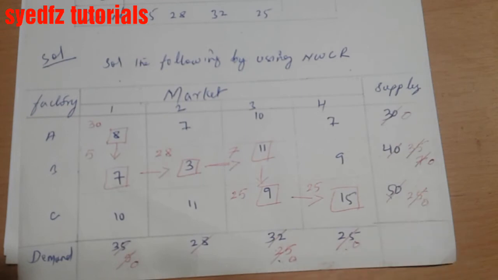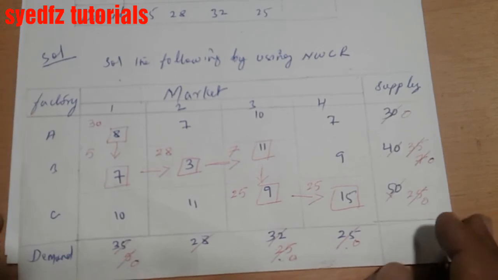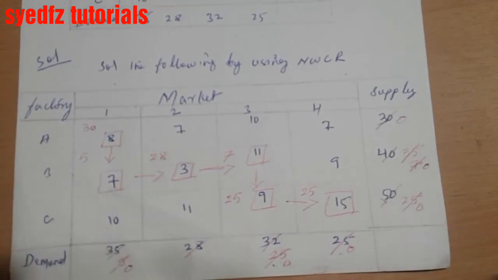If it is unbalanced, we have to add one row or one column. If the minimum is in the row, we have to add a row. If the minimum is in the column, we have to add a column. So this is the way we can assign.